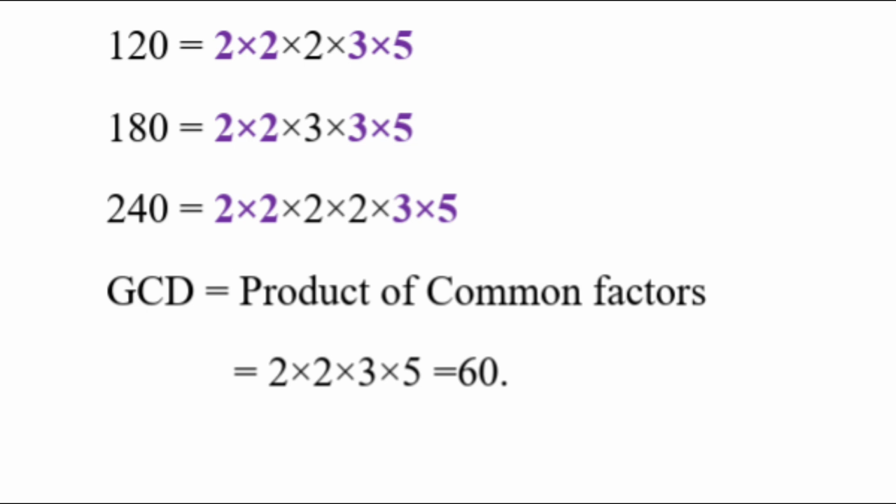Then 240 is equal to 2 2s are 4, 4 2s are 8, 8 2s are 16, 16 3s are 48, and then multiplied by 5. And the GCD is equal to the product of common factors, that is 2 into 2 into 3 into 5. 2 2s are 4, 4 3s are 12, 12 5s are 60. Hence GCD is 60.